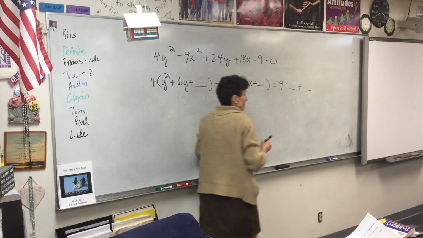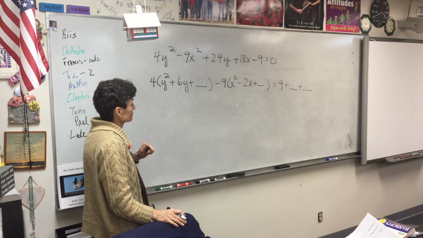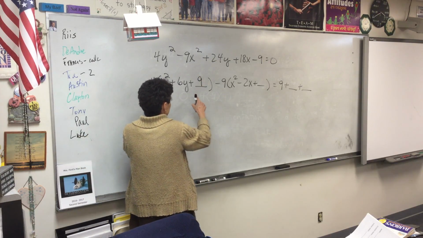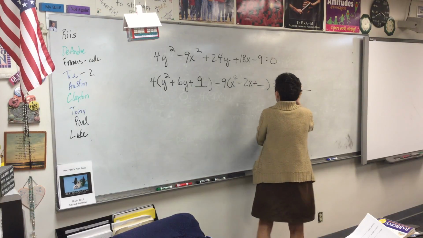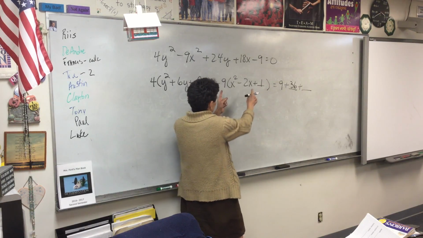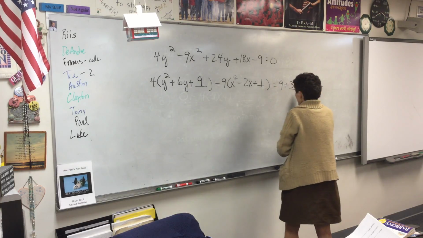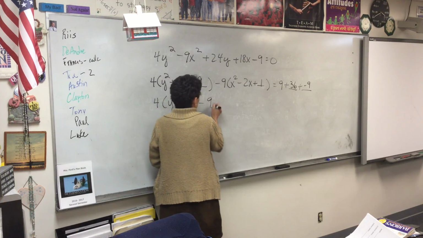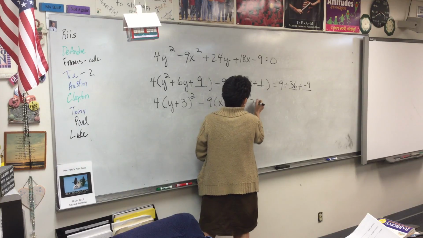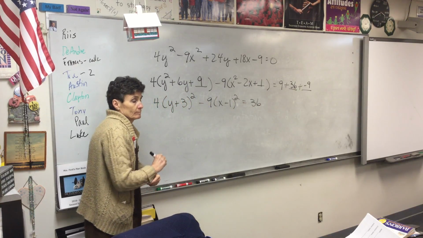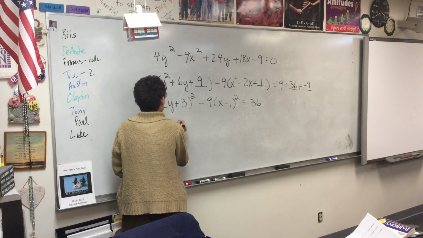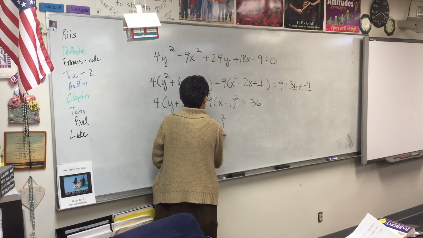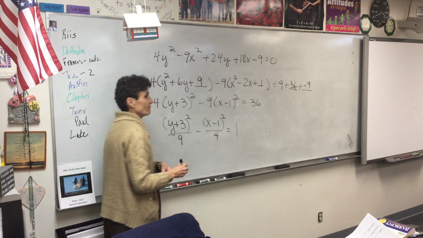Now we put a 1 here, but that's really a minus 9, and we put a 9 here, but that 9 is really a 36. Divide everything by 36. And there we have our hyperbola.